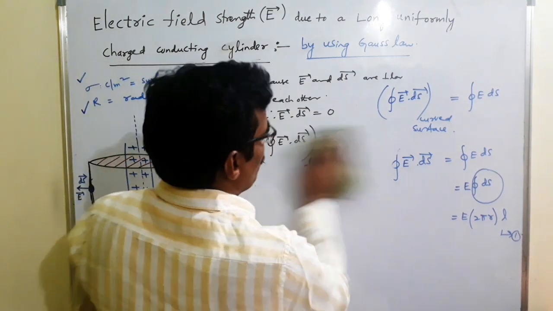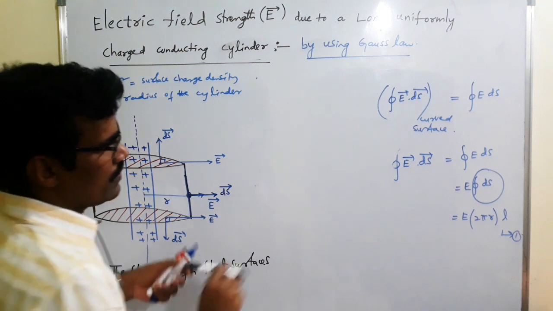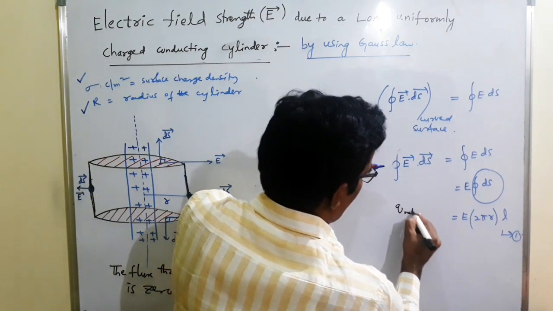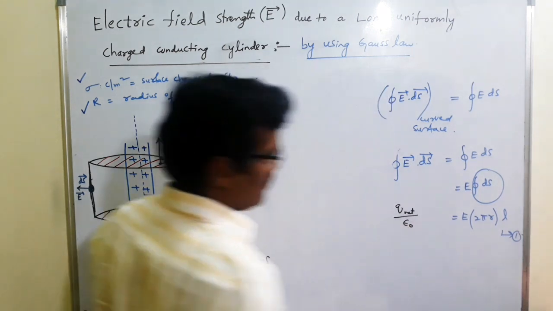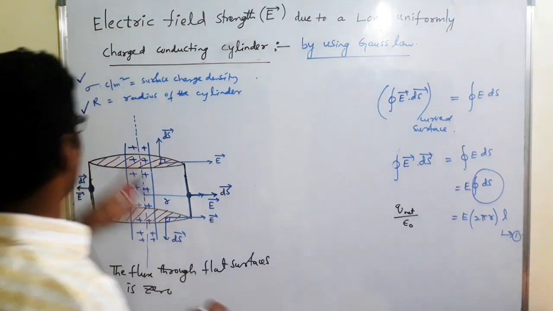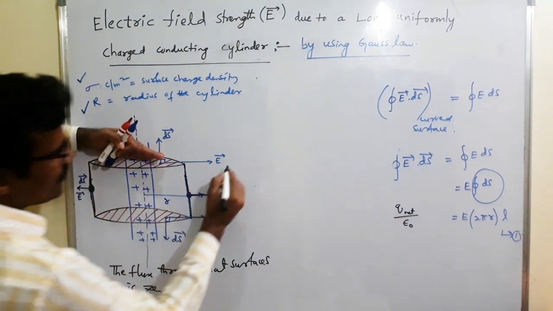So therefore, the next step is, by Gauss's law, E bar dot ds bar is nothing but Q net by epsilon naught. Q net is nothing but the charge on this entire portion.